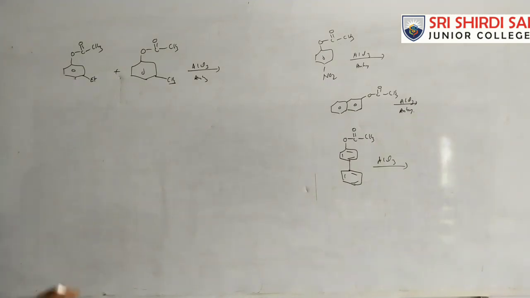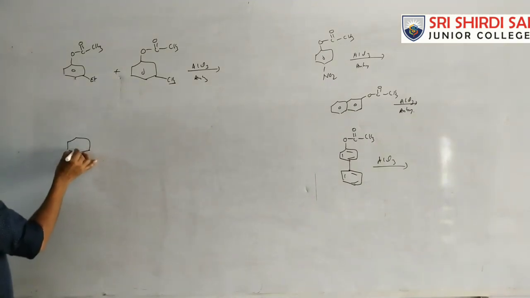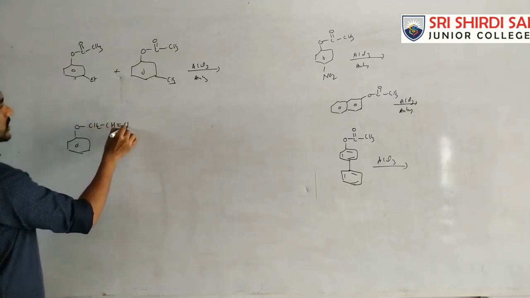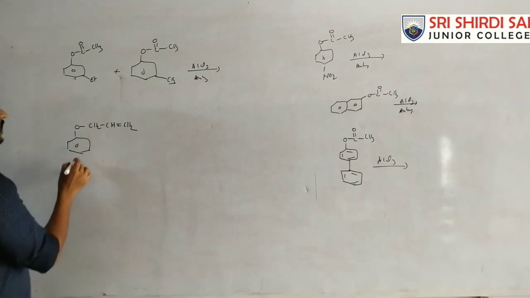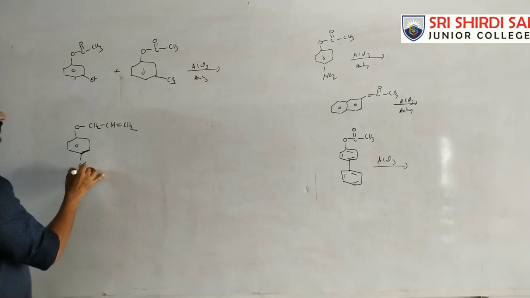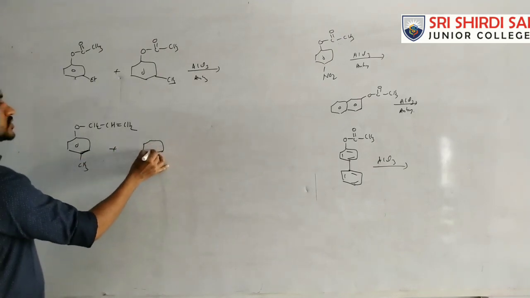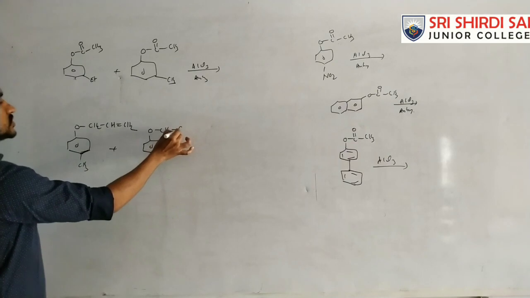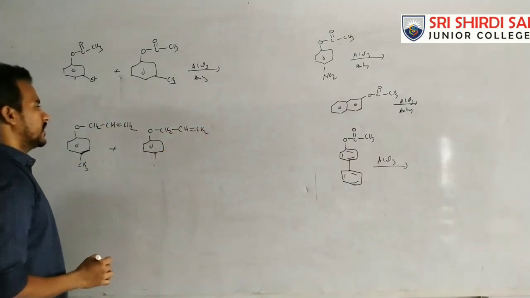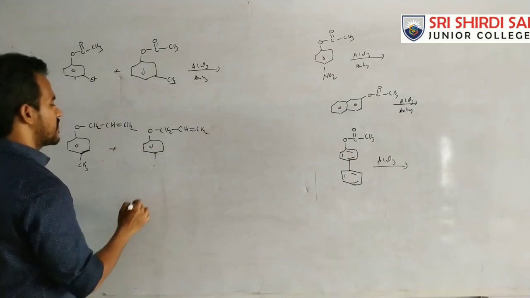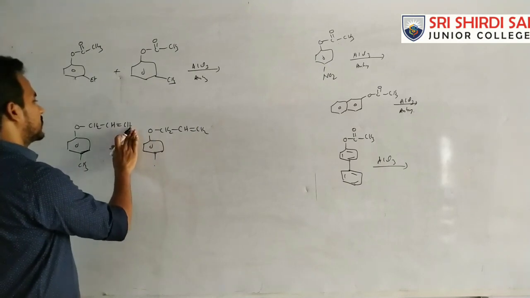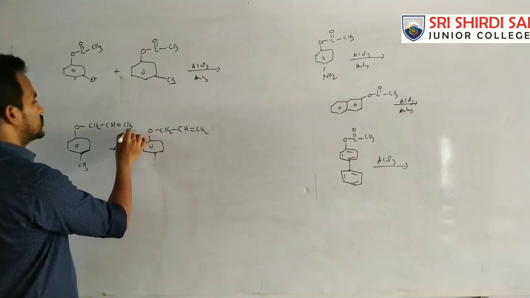Next, OCH2 CH double bond CH2, with a para methyl group.